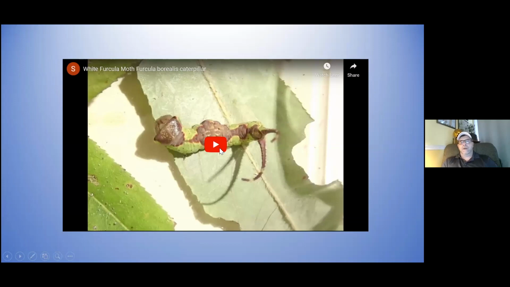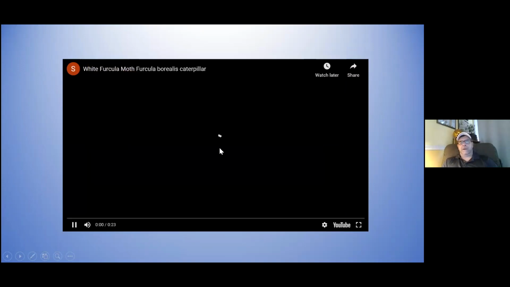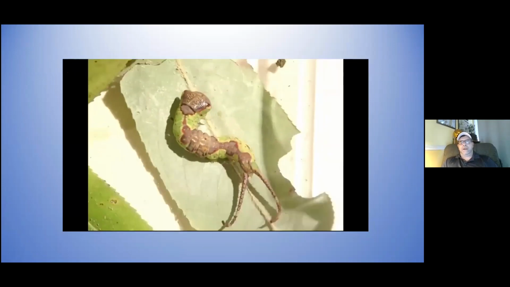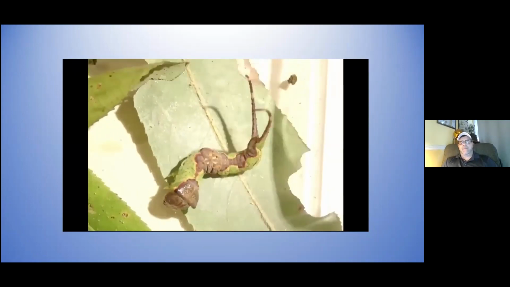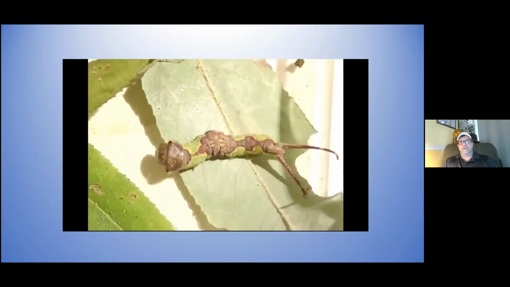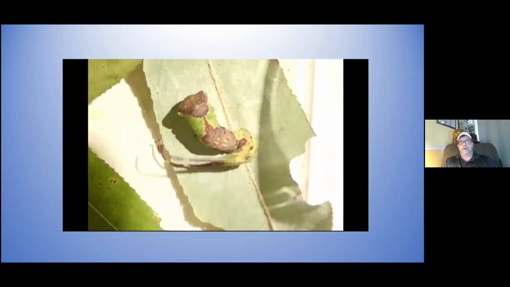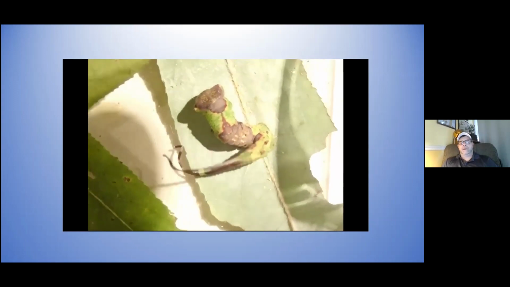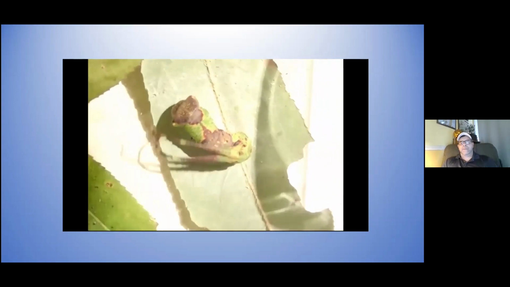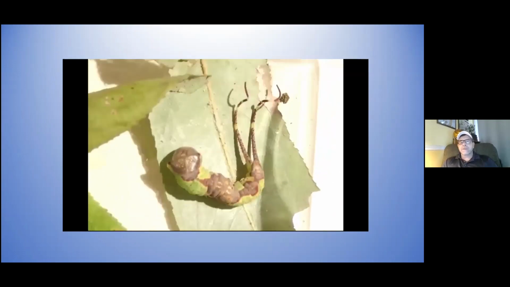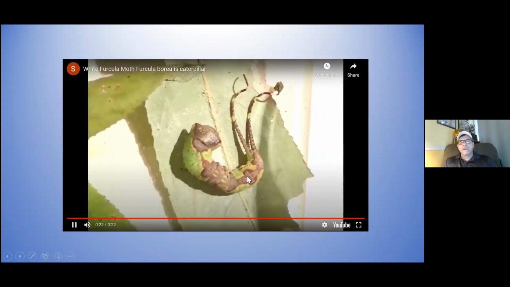This furcula caterpillar does this, and you'll see it very clearly in the video. Imagine if you're trying to get on its back, it has these built-in structures that it uses to knock off any other arthropod predators that are trying to get to it. So it wriggles about. I love these guys. We call these the whiptails.